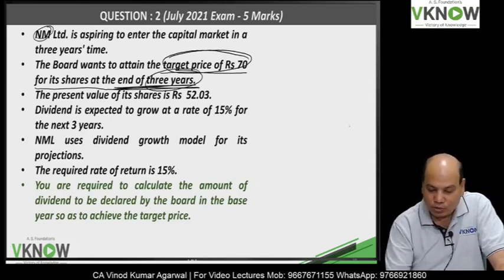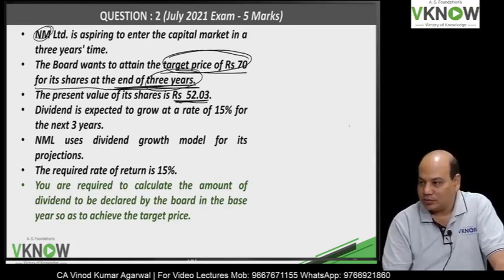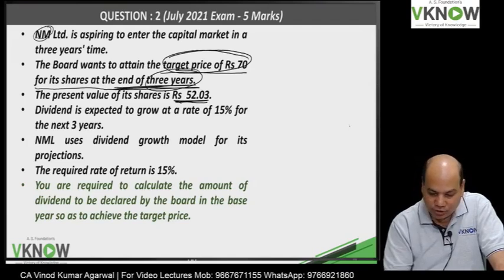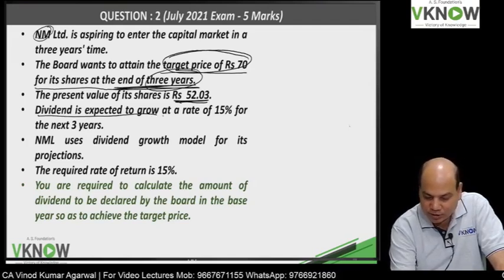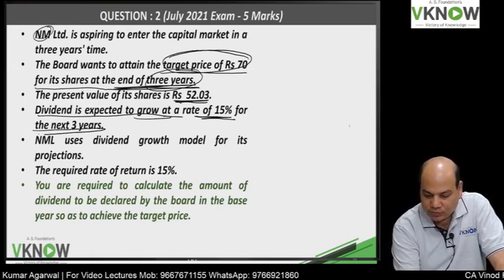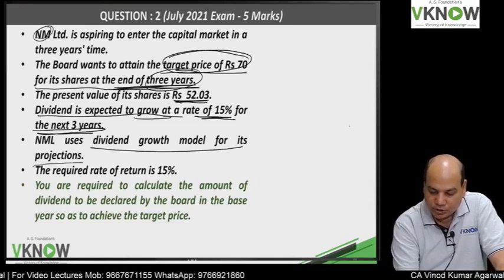The present value of the share is 52.03. Dividend is expected to grow at a rate of 15% for the next 3 years. NML uses the dividend growth model for its projection.